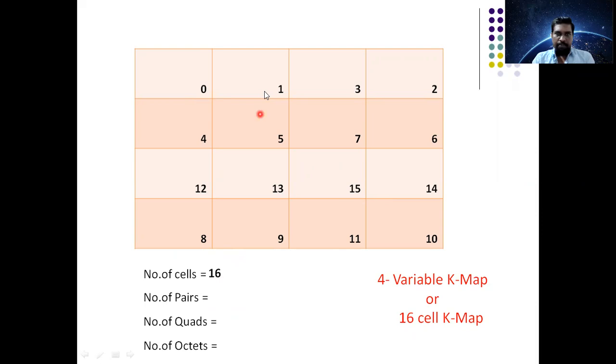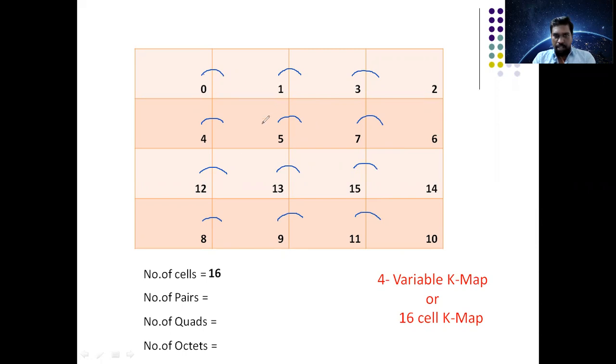Next, number of pairs. Carefully observe. I am writing the pairs with blue color. See, 0, 1, 1, 3, 3, 2. Like that, 4, 5, 5, 7, 7, 6. Next, 12, 13, 13, 15, 15, 14, 8, 9, 9, 11, 11, 10.